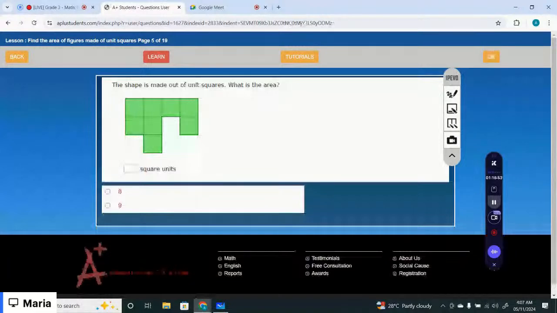The shape is made out of unit squares. What is the area? Which is the correct option?